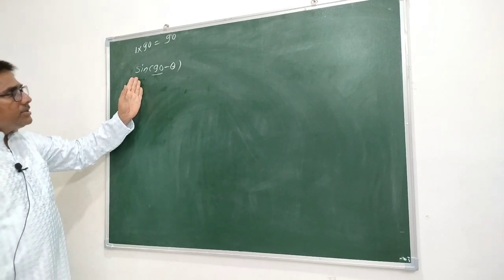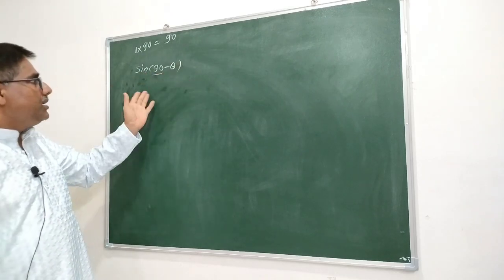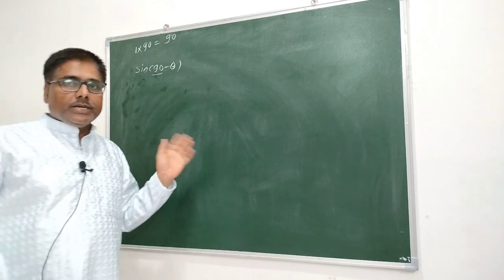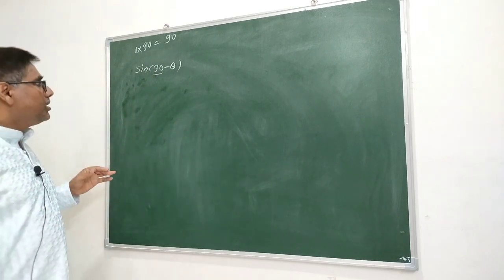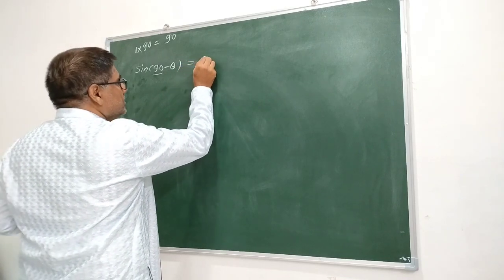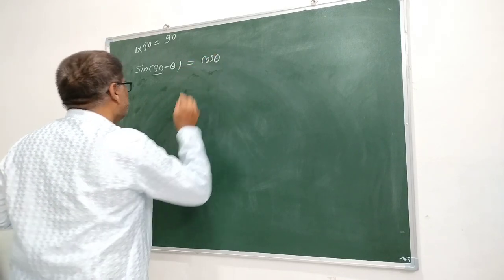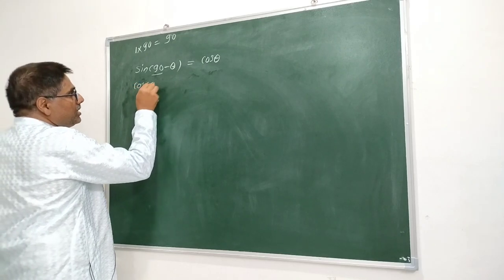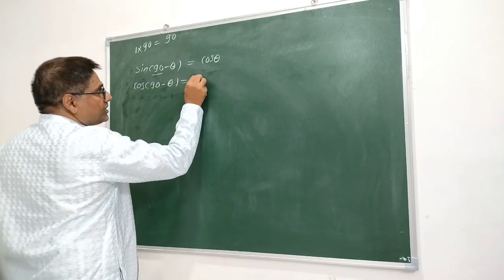Therefore, we are supposed to change the ratio sine to cos, cos to sine, sec to cosec, cosec to sec, tan to cot, and cot to tan. This will be cos theta. Then cos 90 minus theta, it is sine theta.